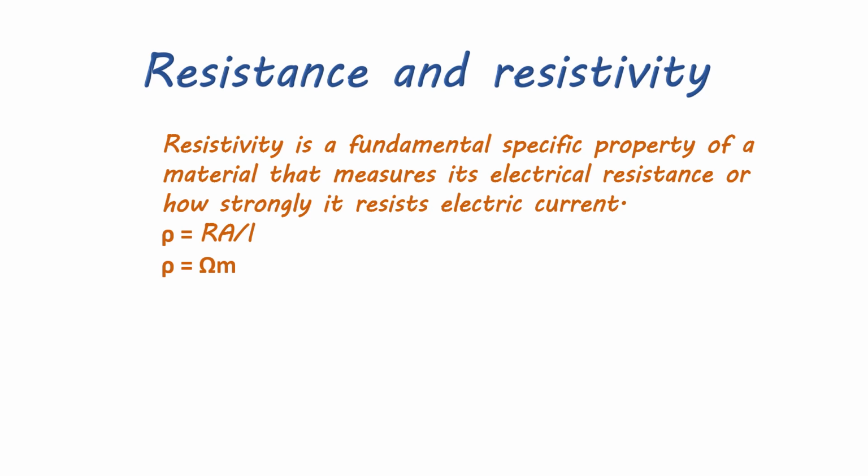It is shown by the letter rho, and the formula would be resistance multiplied by area per length. If we combine these, the measurement is called ohm per meter, ohm meter. So this is the formula, and this is the unit of the resistivity.